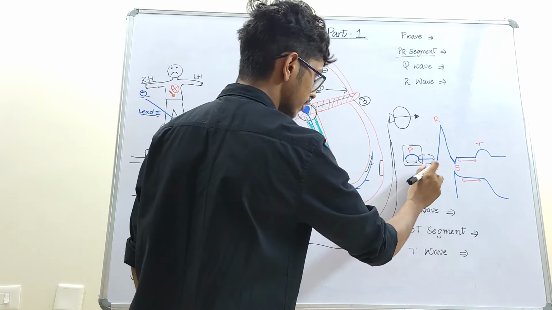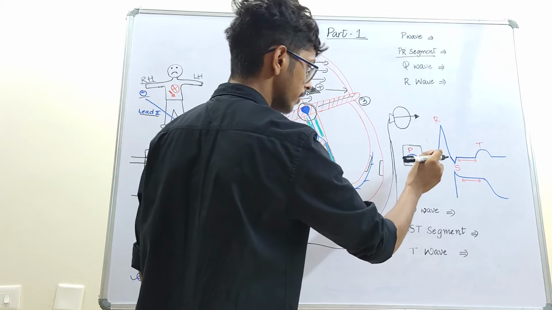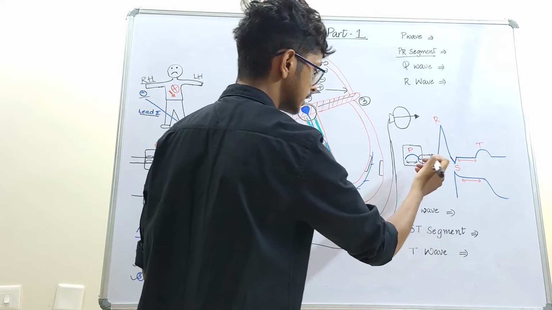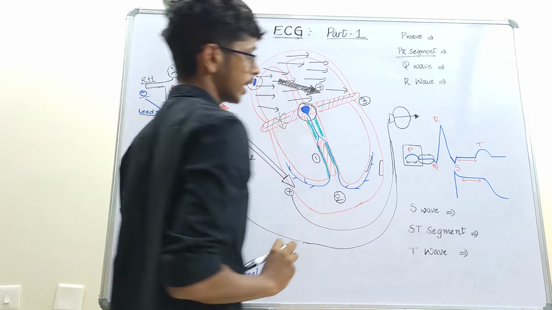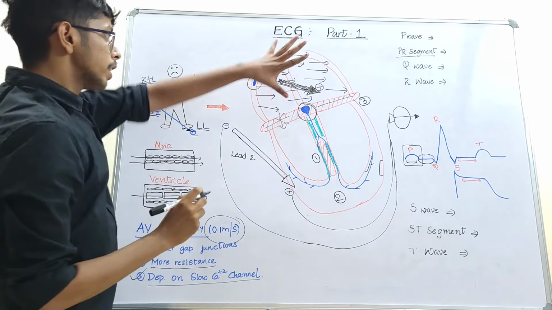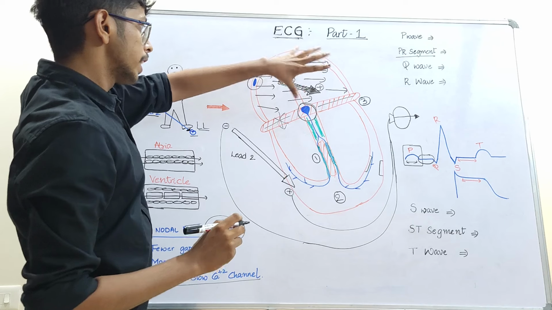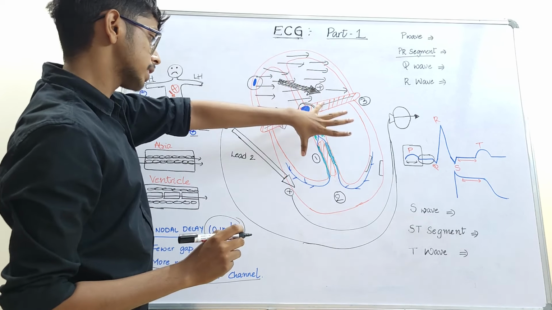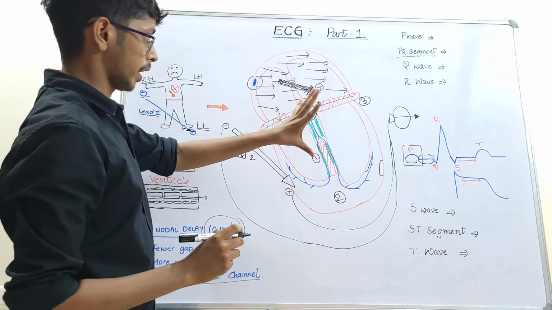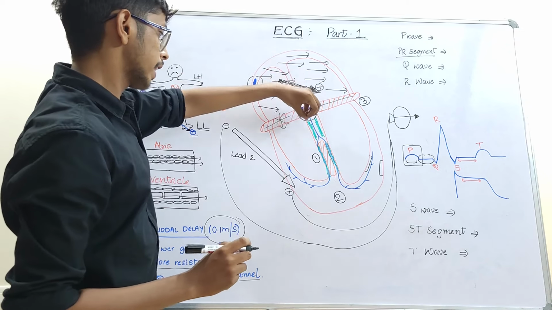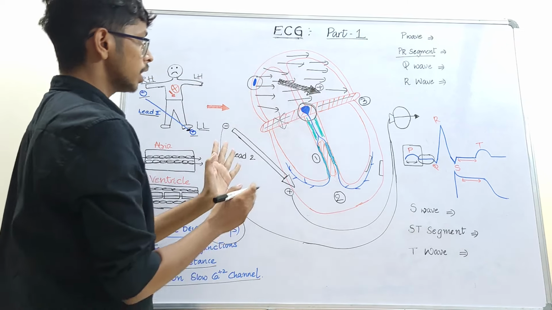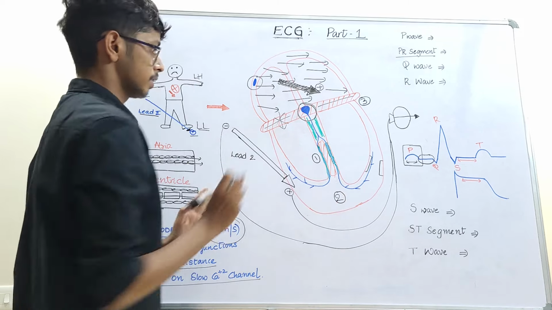When the current is traveling through the AV node, the conduction is very slow. It cannot be picked up by the ECG, resulting in an isoelectric line. Now atrial depolarization is completed. Atrial repolarization is masked by the ventricular depolarization, and the current has traveled through the AV node.